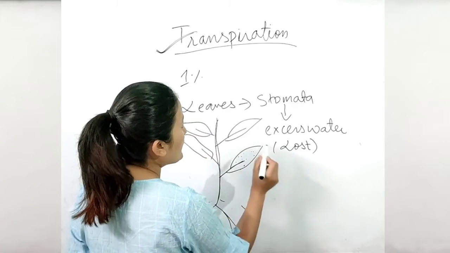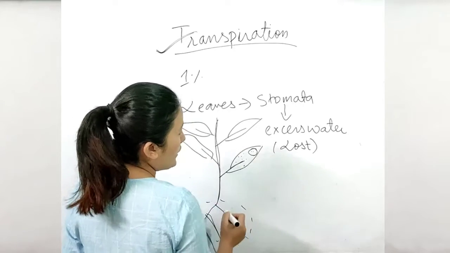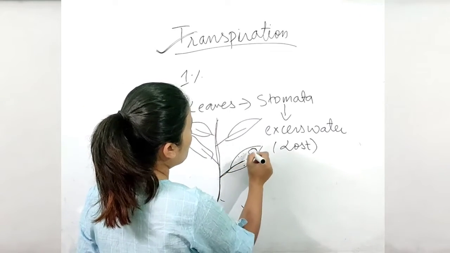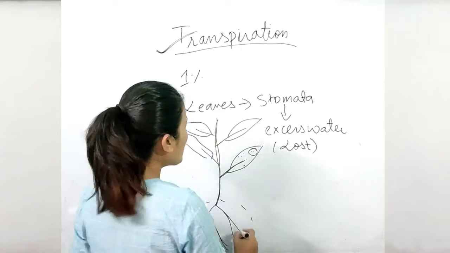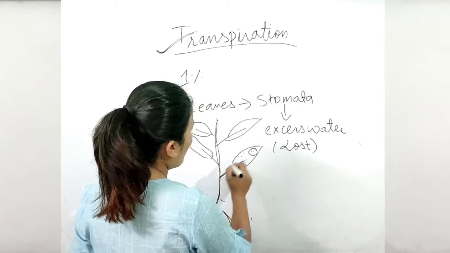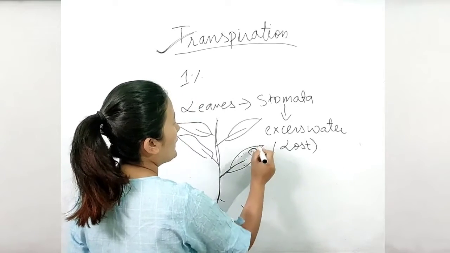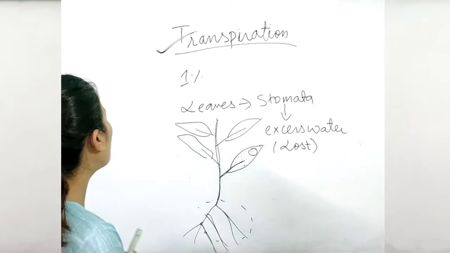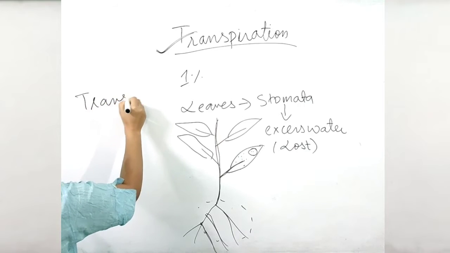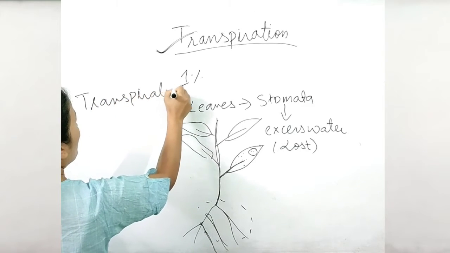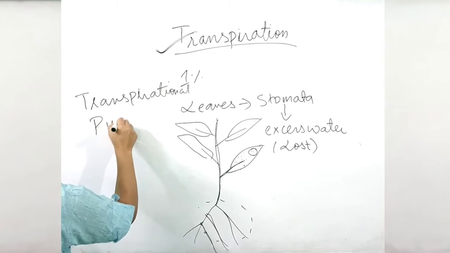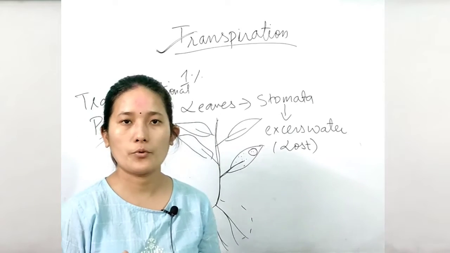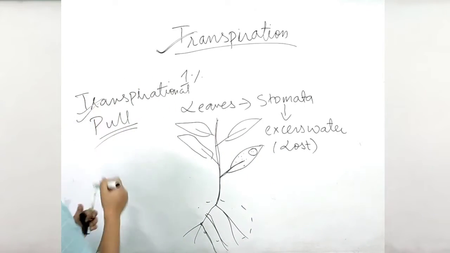As soon as water is lost from this portion, it has to be filled up again, so water from the root is conducted to this region. This continuous transport of water to the void places from which water has been lost generates a pressure referred to as transpirational pull. Because of this transpirational pull, water is able to reach the top of the trees too.